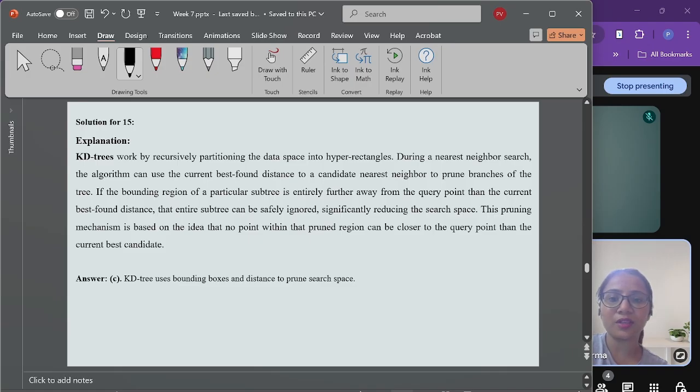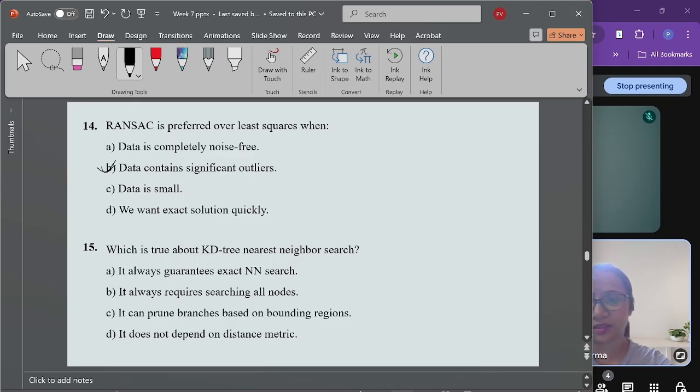If the bounding region of a particular subtree is entirely further away from the query point than the current best found distance, that entire subtree can safely be ignored, significantly reducing the search. This pruning is based on the idea that no point within that pruned region can be closer to the query point. Okay, so option C is the correct answer: KD tree uses bounding boxes and distance to prune the search space. It can prune branches based on the bounding region.